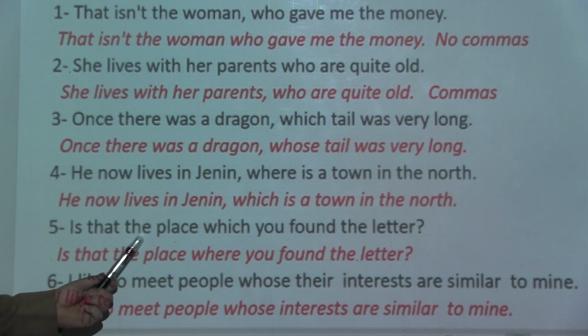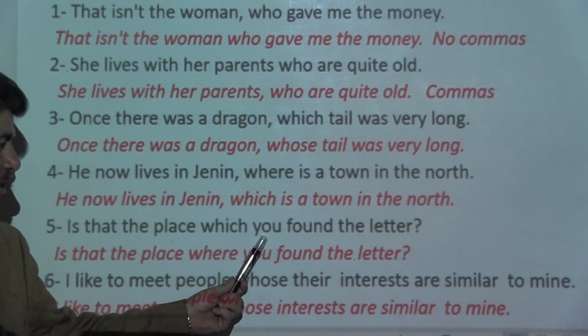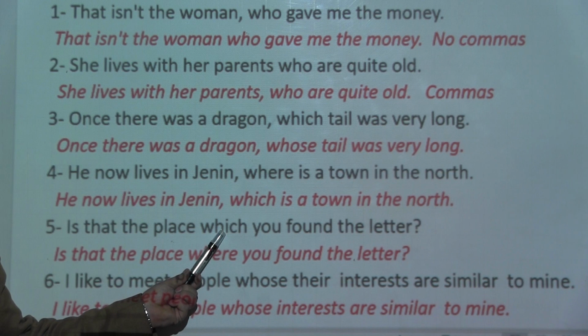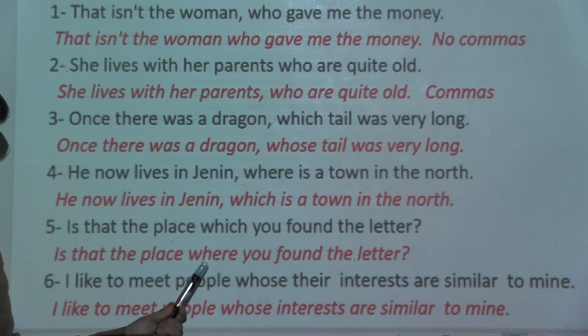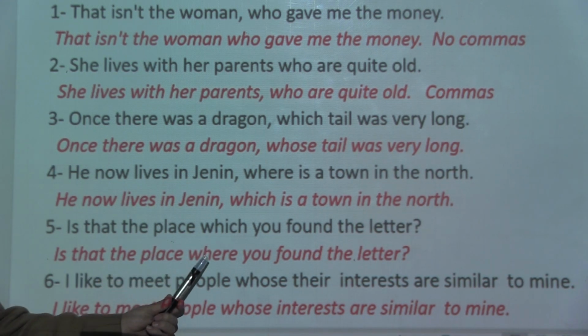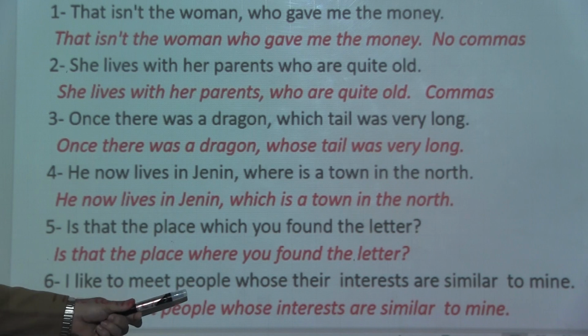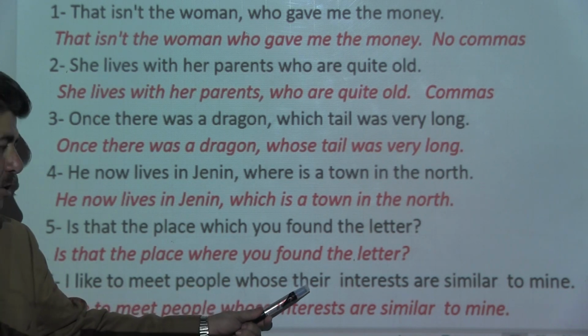Number 5: That is the place which, notice here, I follow it by a pronoun. So we have to replace which with the adverb where. That is the place where, not which, you found the letter. Number 6: I like to meet people whose. Notice whose there.